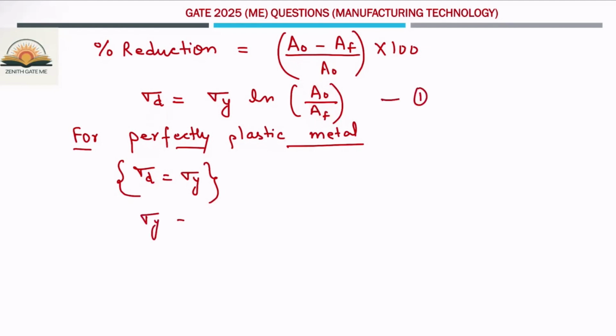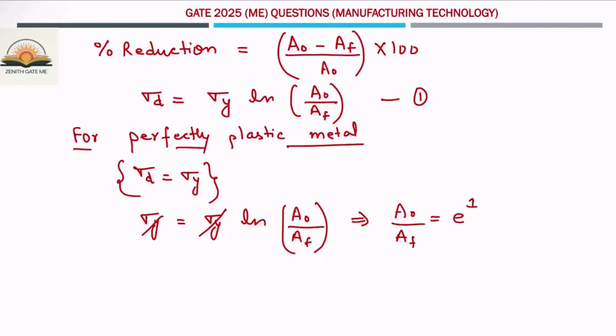So yield stress is equal to yield stress into ln of A naught by Af. This will be cancelled out. So can I write A naught by Af is equal to e to the power of 1, because this is the base e only. So Af by A naught is equal to 1 by e.